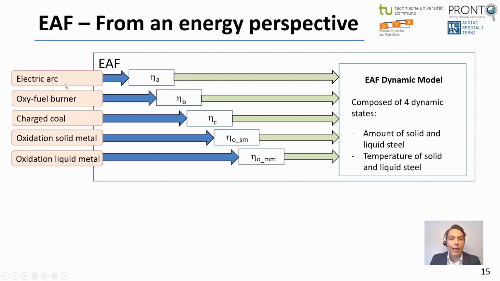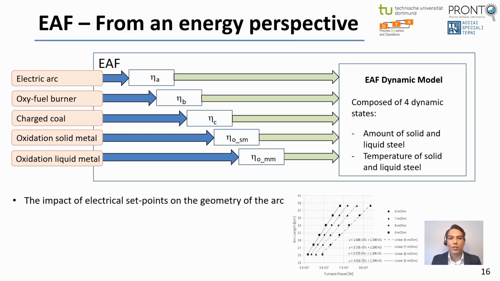Each of these energy inputs is subject to an energy efficiency parameter that is computed from first principles and which will establish how much of the total energy from the source is actually transmitted to the process, which will contribute to the main phenomena that take place during most of the batch, which is the melting of the solid metal and the heating up of the liquid metal.